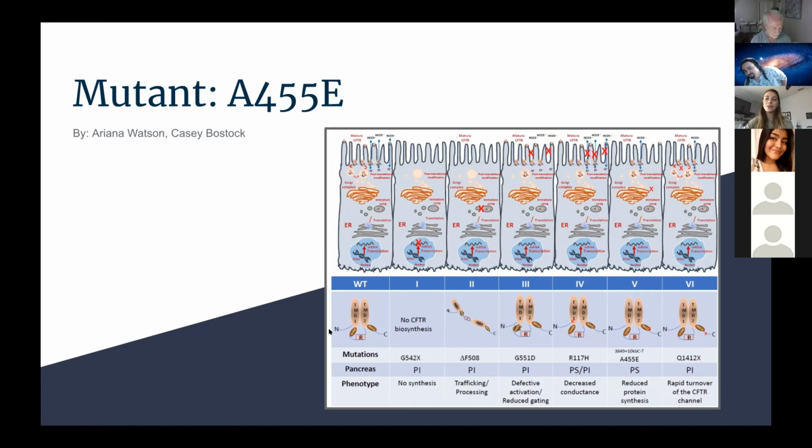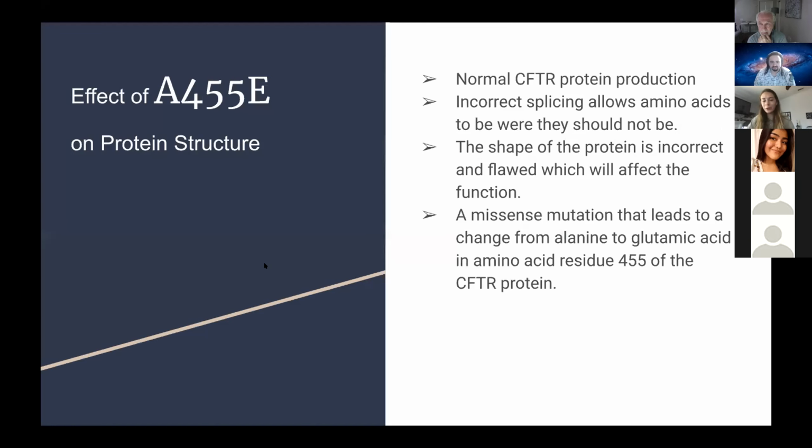This is a class 5 mutation and it is a decently mild variant. I went with this picture because it showed the class 5 mutation really well, and it even uses our mutation as the example for class 5. So, the effects on protein structure.